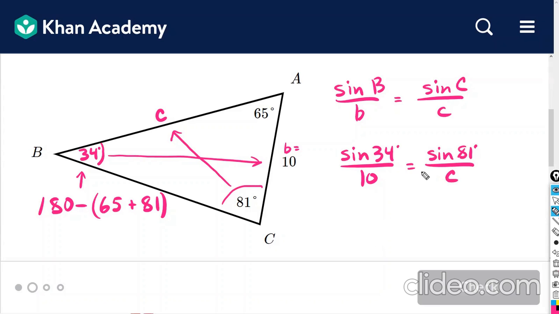So you can cross multiply. This is going to be C times sine of 34. And then 10 times sine of 81.